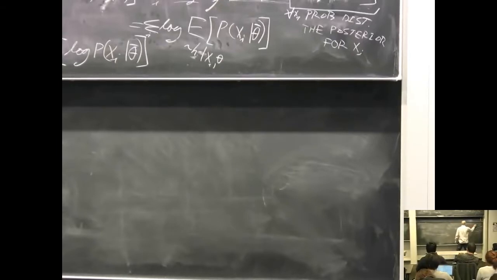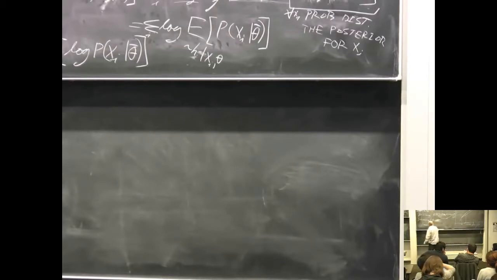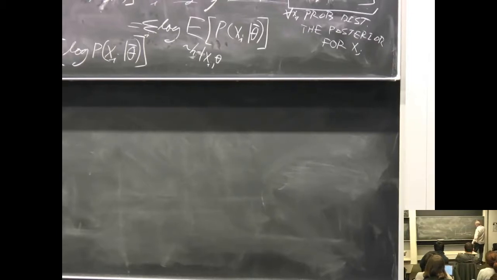HMMs are an example of a latent variable model that is more complicated than the mixture of Gaussians, but still falls very nicely into the exponential family of likelihoods, and therefore has a very nice EM solution, which is used all over the place. It's used in speech, in language, and in vision. It's a very, very powerful method.